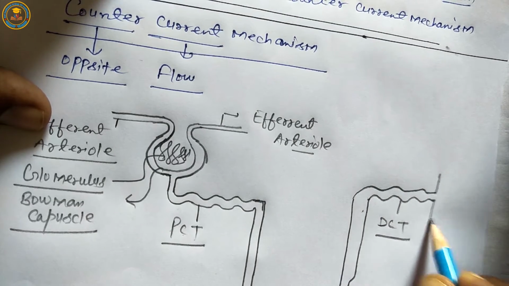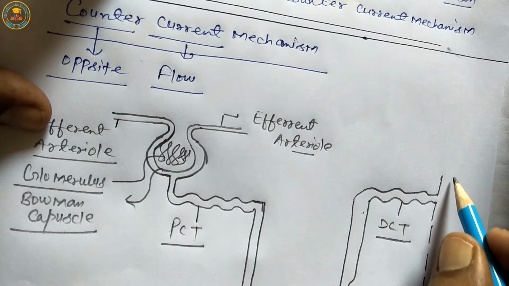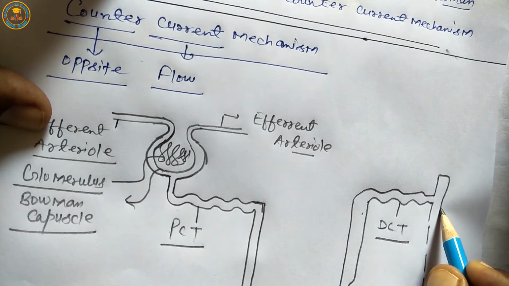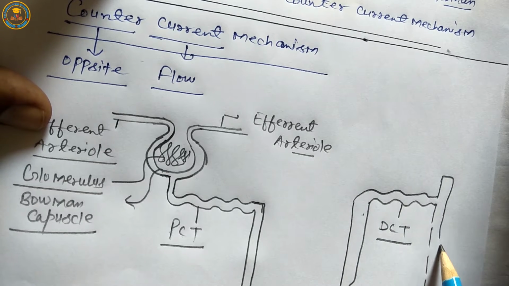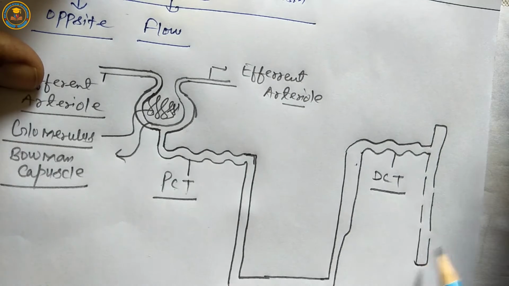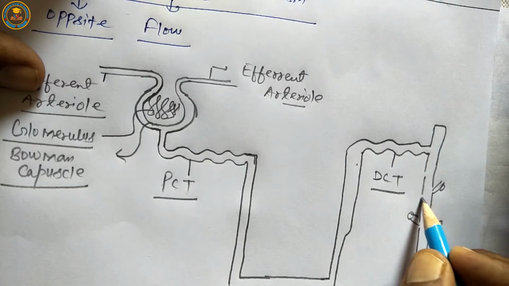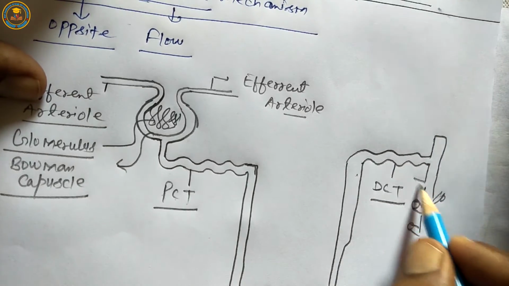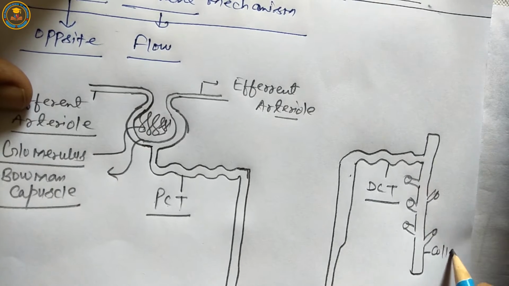And next last is the collecting tubule part. These are branches of DCT.